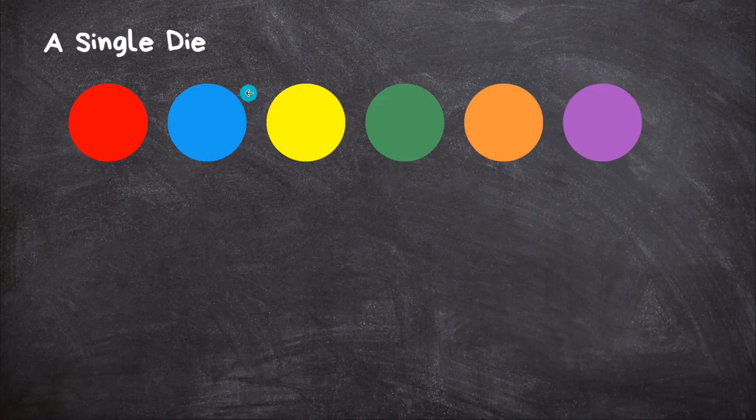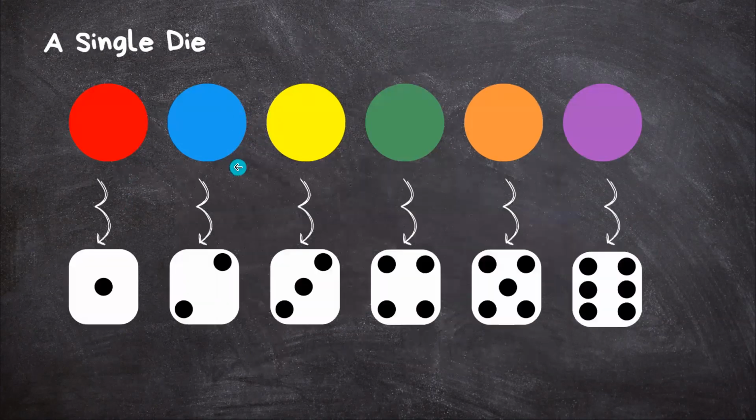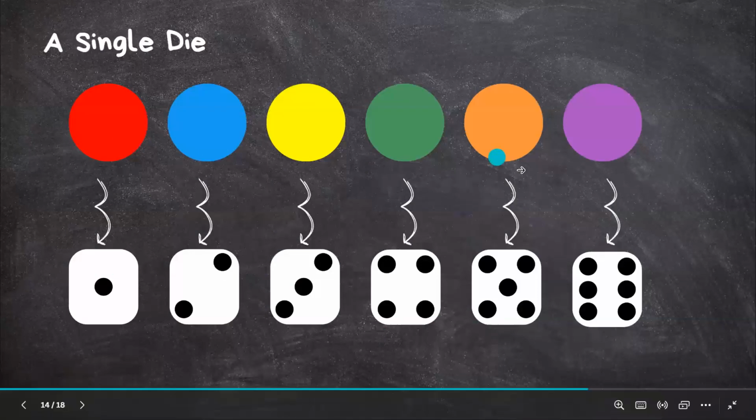So I think you might have already guessed that a single die would be enough to do the job, because it has a total of 6 sides, and we have a total of 6 colors. You could easily encode these colors as red as 1, blue as 2, yellow as 3, green as 4, orange as 5, purple as 6.